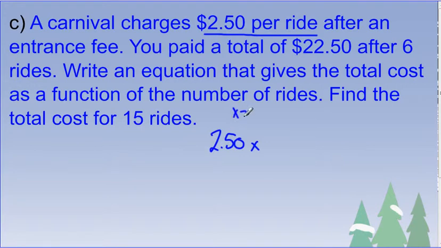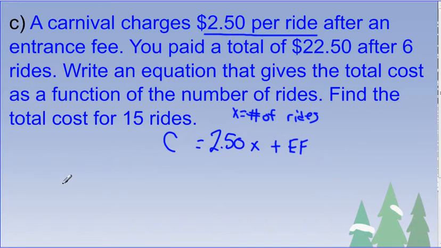X equals number of rides. So that's a multiplication. And the carnival charges per ride after an entrance fee. Okay, so we got this entrance fee as well. And that would give us our total cost.